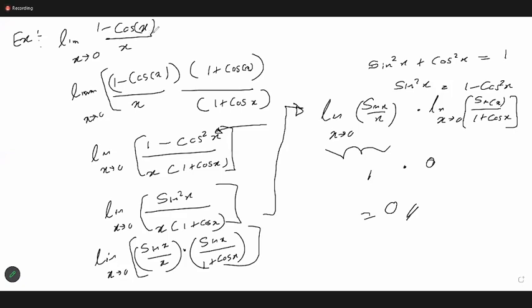So what we did here is make that term sin x over x, because we know that one. We basically proved it. If we are able to make that term, then we can solve the problem. That is the thing we did here. Let's take another example.